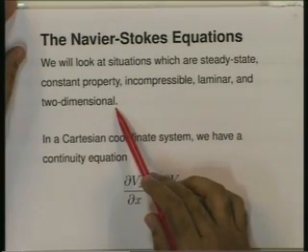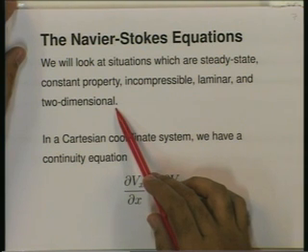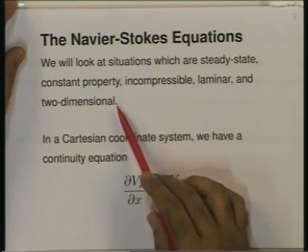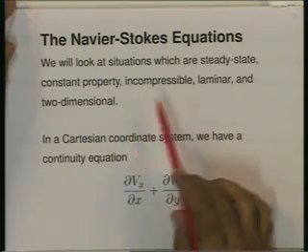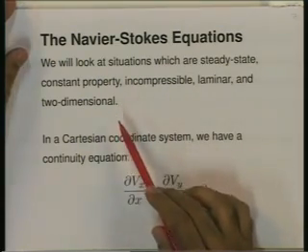Two-dimensional means any property, any velocity component and pressure will vary only in say x and y direction, or r and theta direction, or r and z direction.